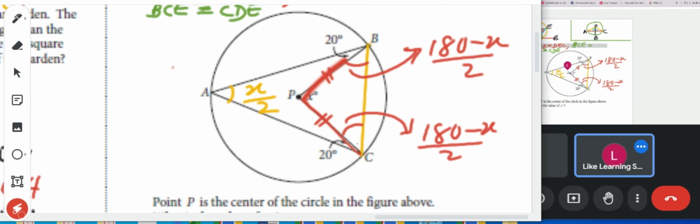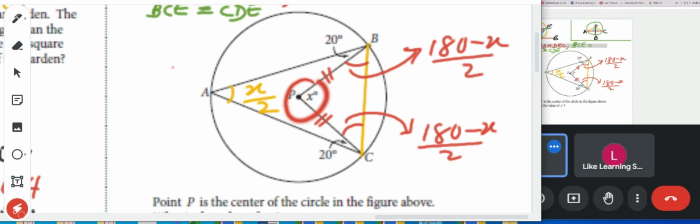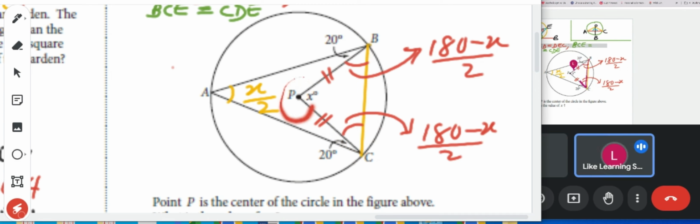You know that? Yes, sir. So if this is 80 degrees, the remaining will be 180 minus 80, which is 100. So each of them will be 50. So 180 minus X divided by 2 will be the value of each one. Do you agree with me? Yes, sir. All right. So if that is it, we have gotten the answer.